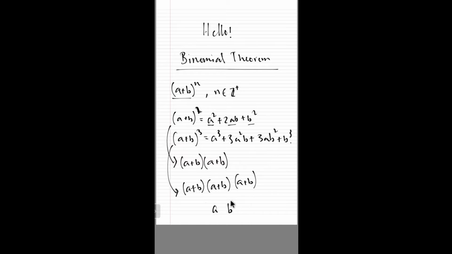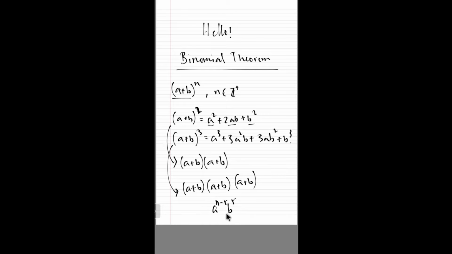If I take any power r here, then the power of a should be n minus r, because only then the total sum of the power will be n. So the terms will be of this kind: a to the power n minus r, b to the power r, or you can say a to the power r, b to the power n minus r. It's the same thing, but we are taking it like this.